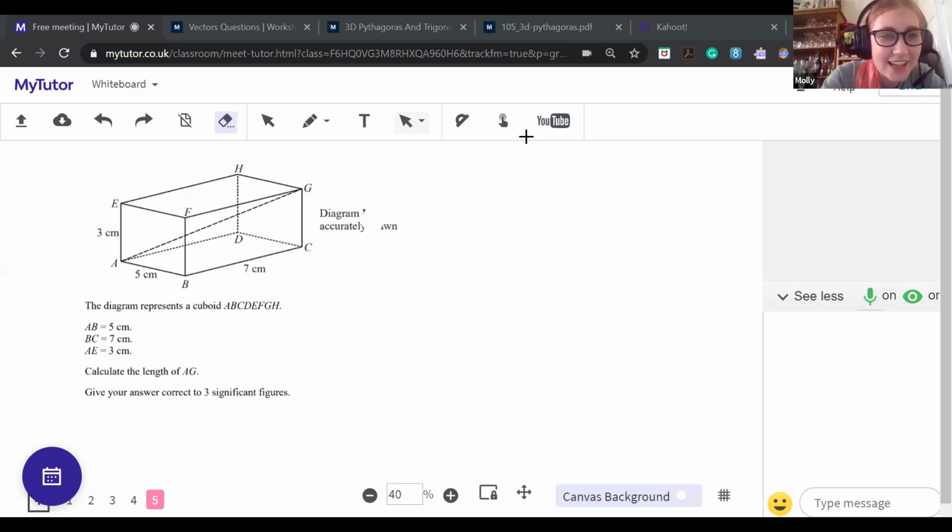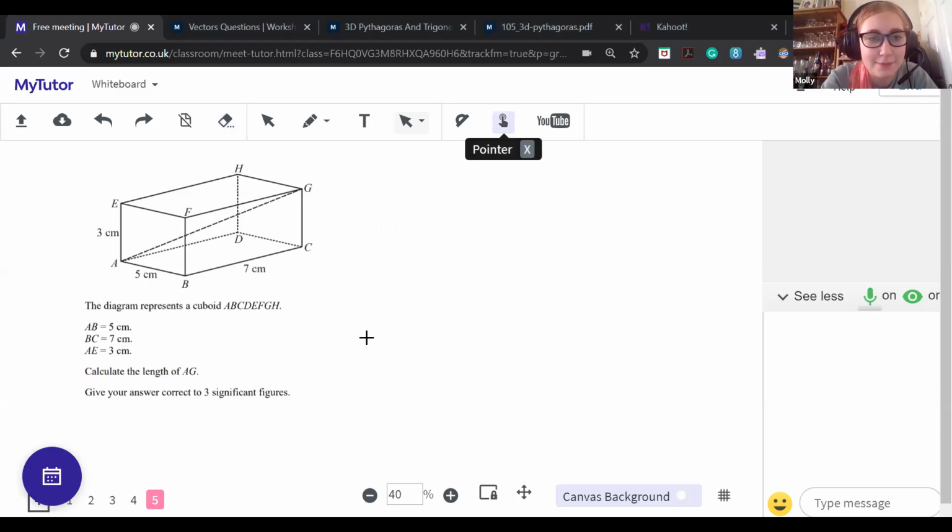Okay, so as I said, it's all stuff that we've seen before. This is going to take us 2 steps. What this tells us is what we know here, that we've got 5, 3, and 7, and that we want this length A to G here. So what we're going to have to do is somehow make this into a triangle. We draw a line from A to C across the bottom, like imagine this over on the base of the triangle.